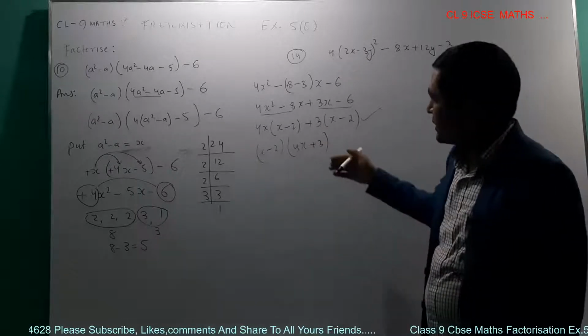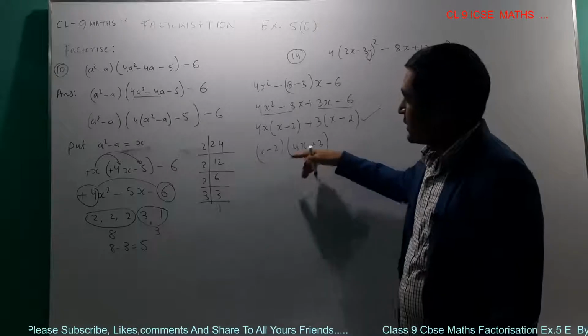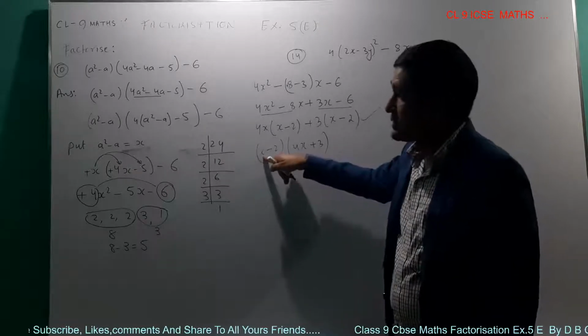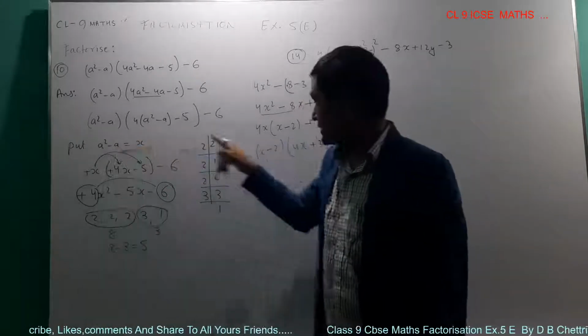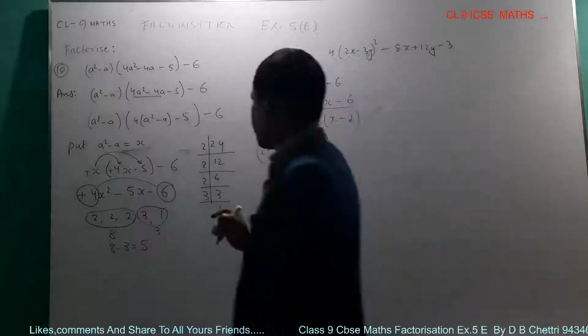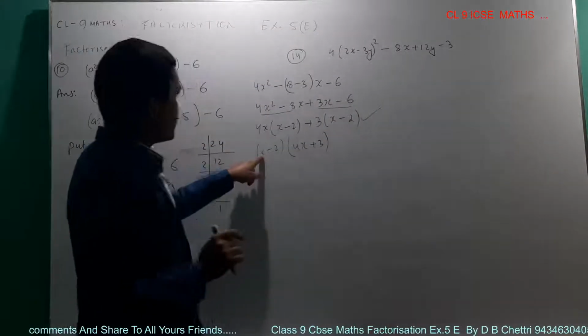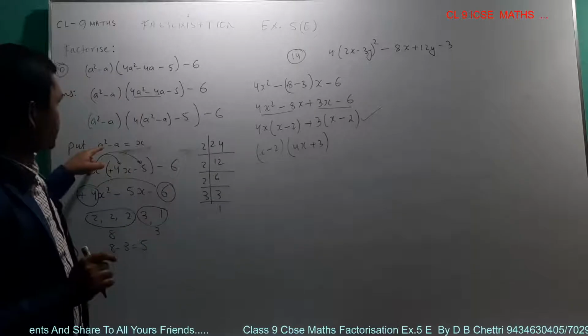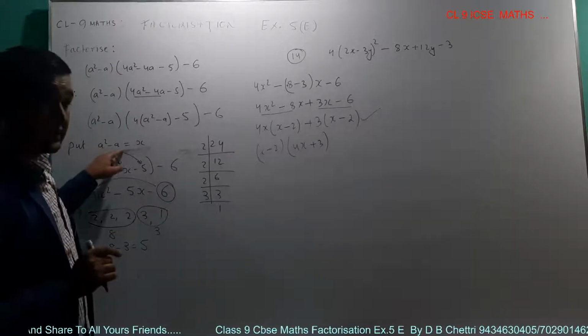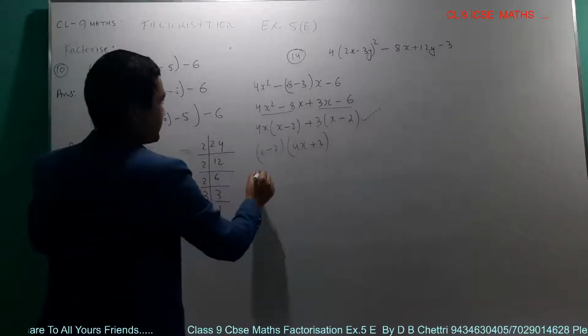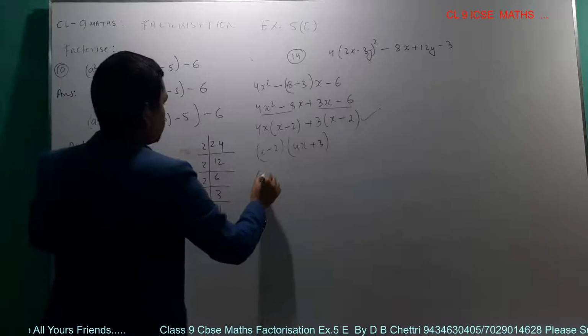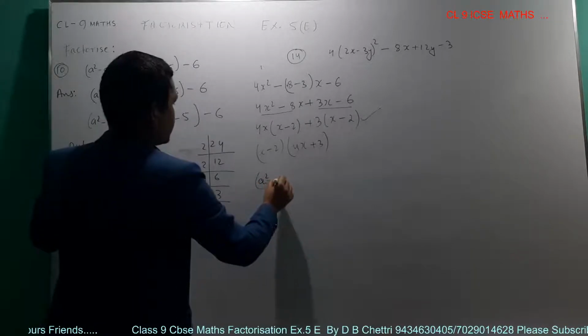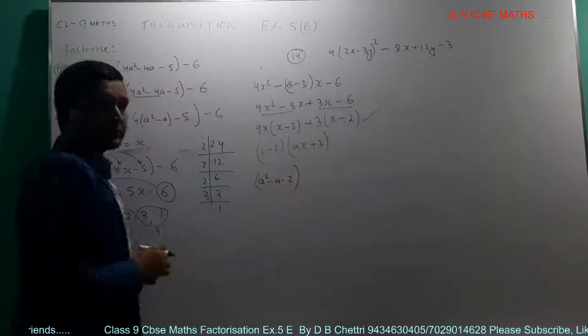Now after completing the factorization, replace this x by its value. What is the x? x means a square minus a. So replace this x: a square minus a minus 2.